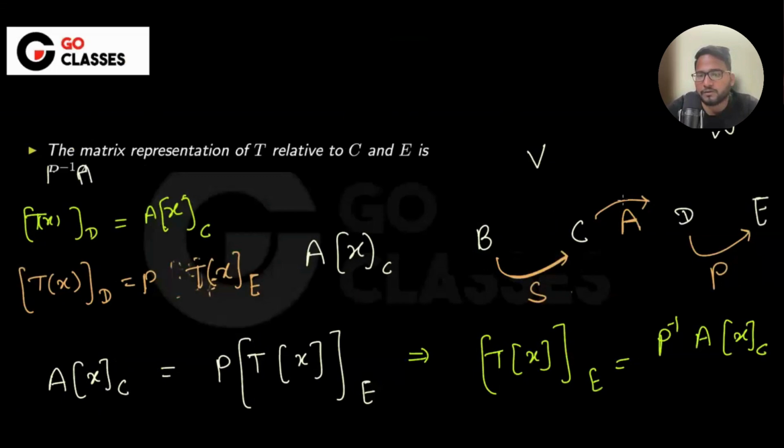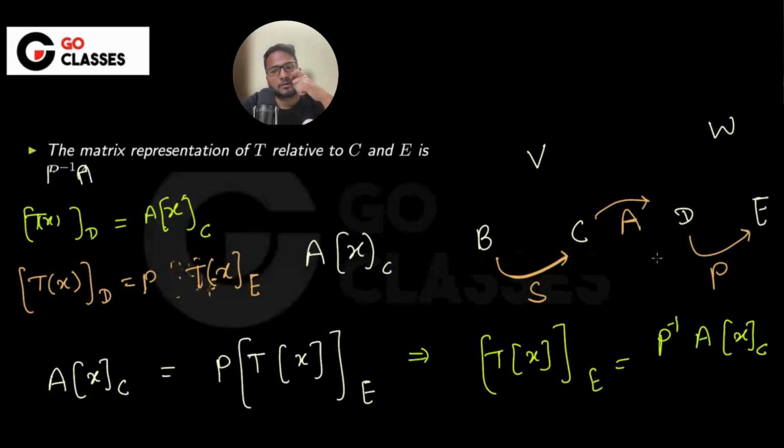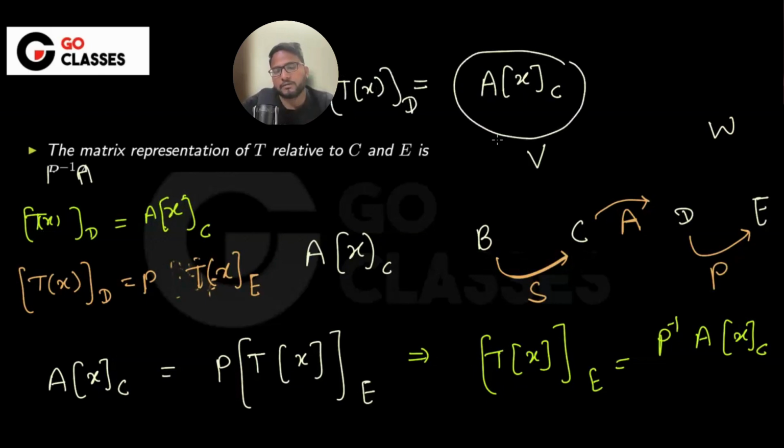So after the transformation, it will give you the result in the basis D. So basically, you can say that A is a matrix which takes input in C and gives the transformed vector in D. So this particular thing is in the basis D.